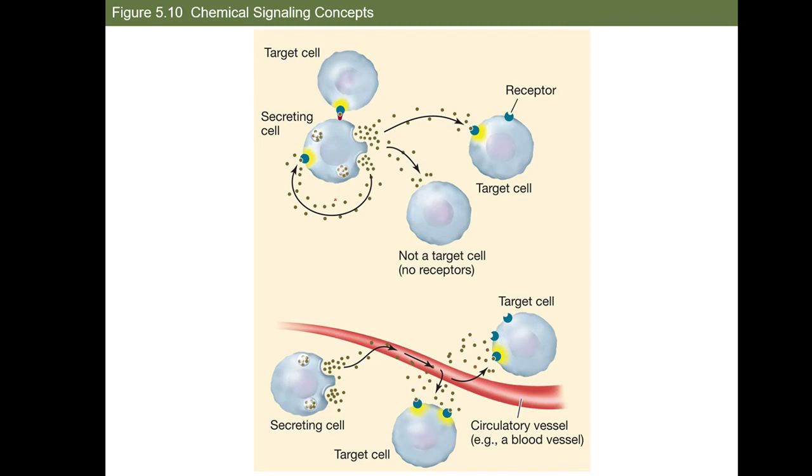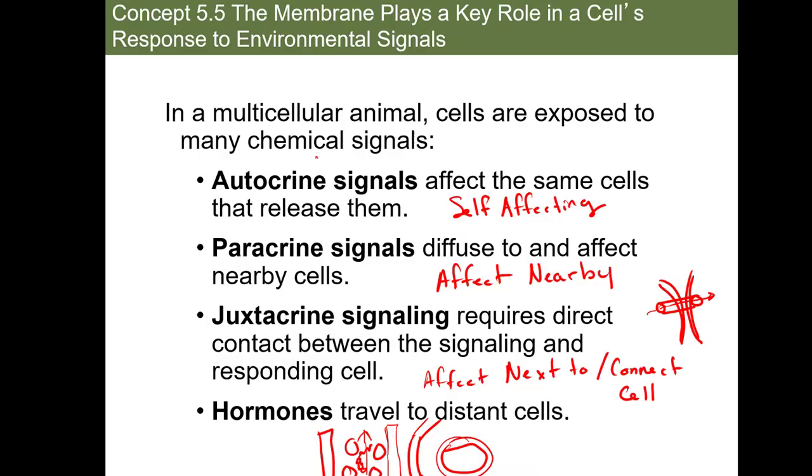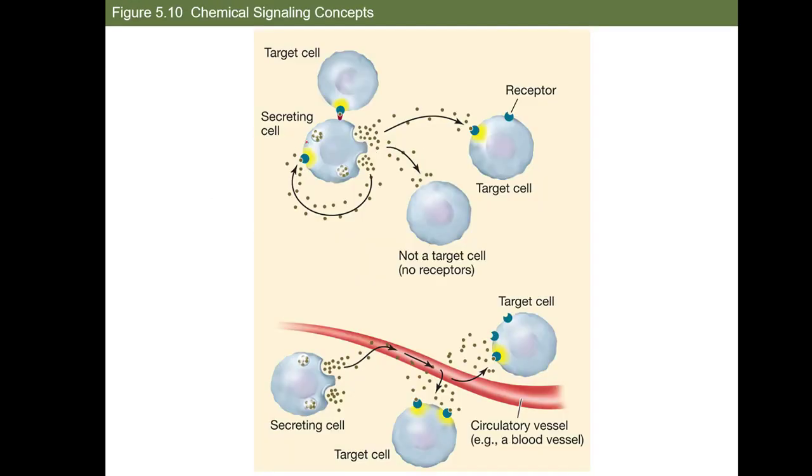So here it is self-affecting, so that is an autocrine signal, but it also affects a nearby cell, which is a paracrine signal. So it can affect ones with receptors, but it cannot affect ones with no receptors.